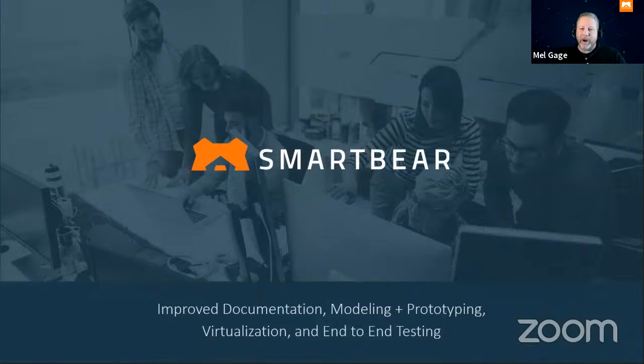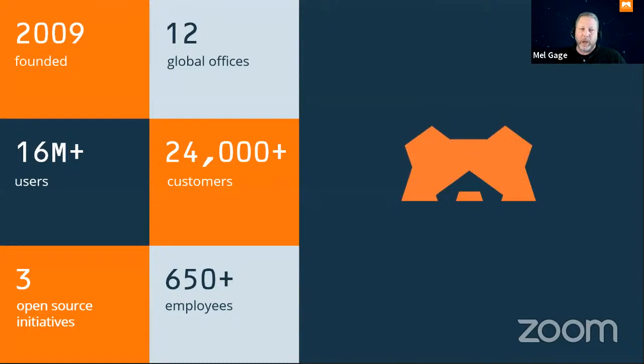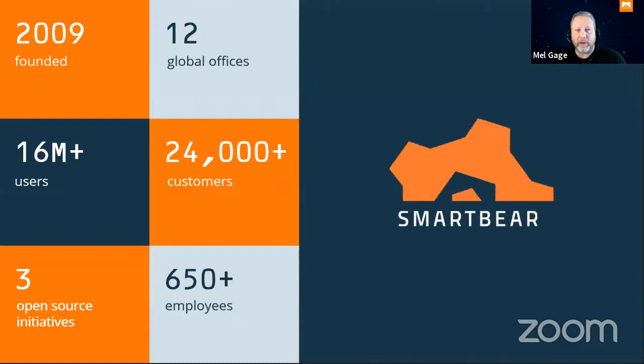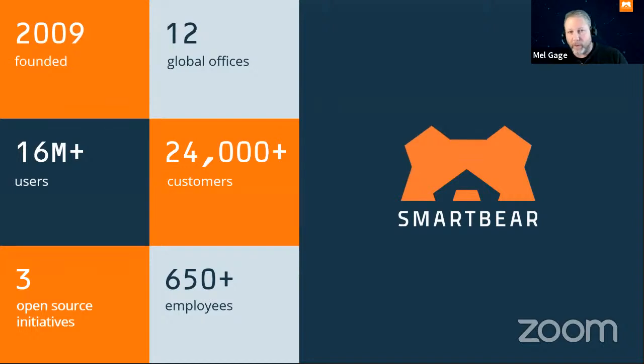So SmartBear, as one of my sales reps likes to say, we are the biggest little company you may have never heard of, and we cover a huge range of products. They were focused on Collaborator as a peer review tool. But just to give you some idea of what we do bring to the table in addition, we've been around now since 2009. Collaborator was actually one of the very first products for SmartBear.